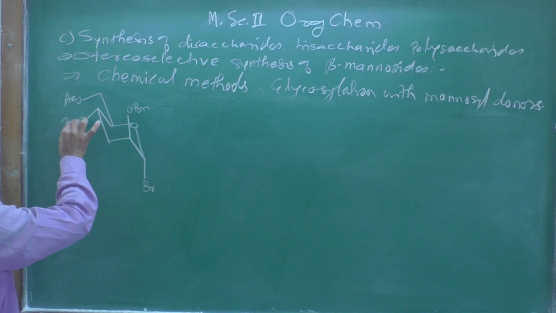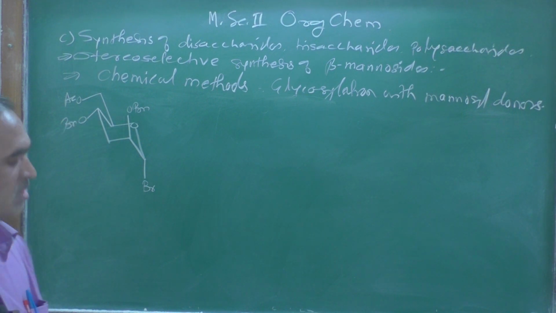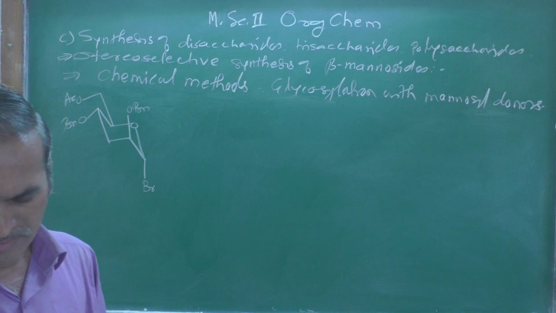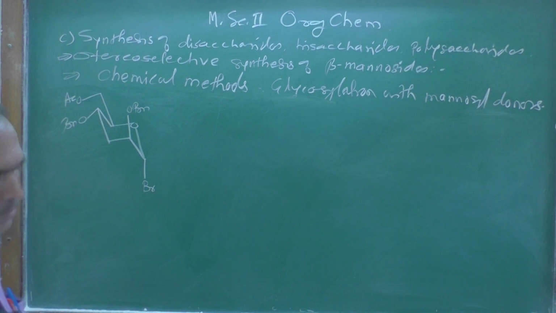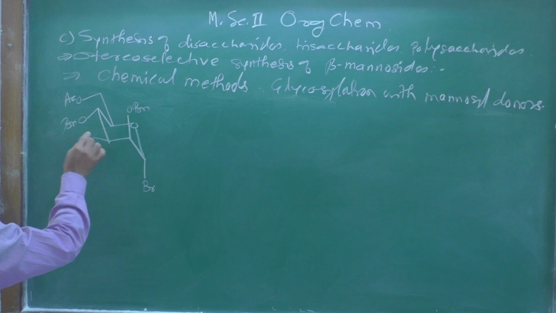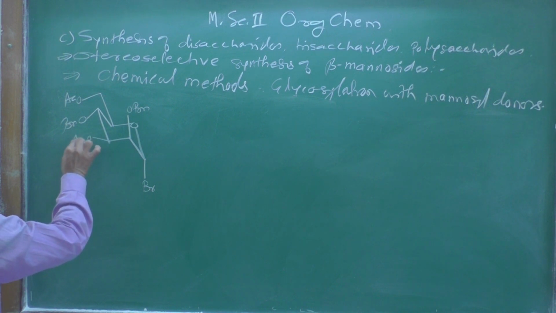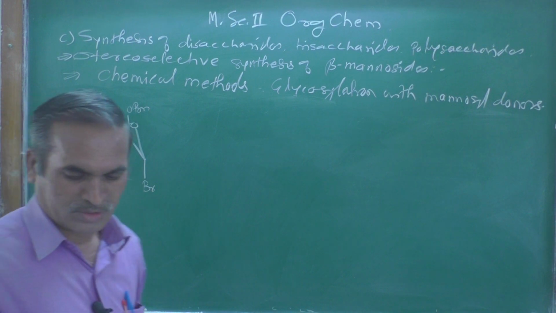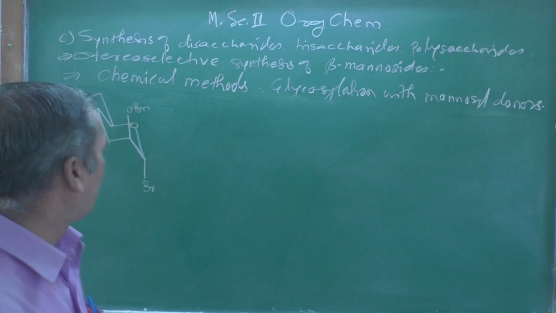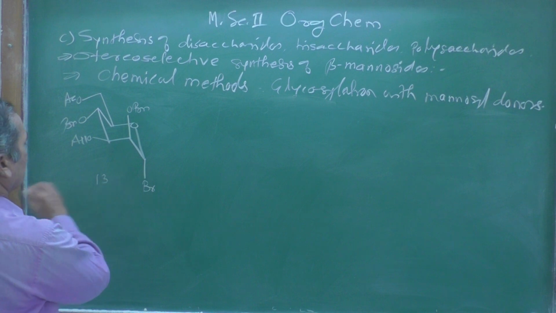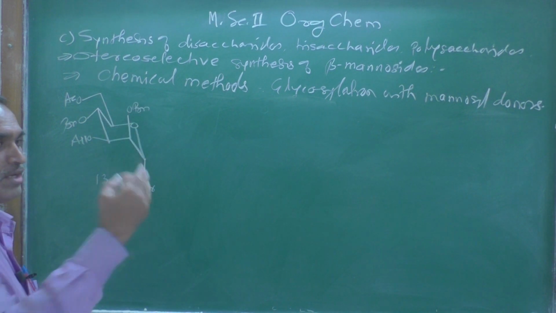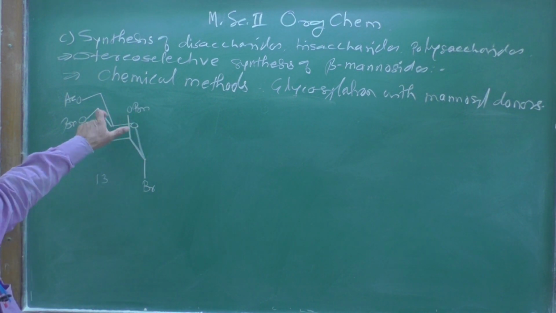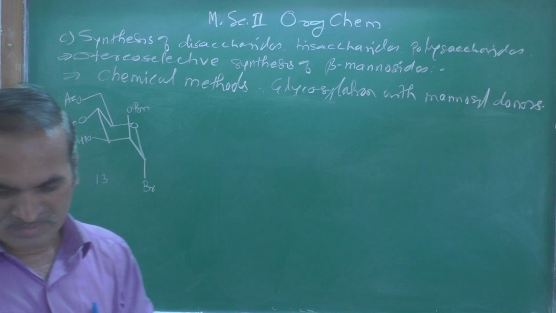This is a hydroxyl protected with a benzyl group, as shown in the diagram, and this structure is structure number 13. It is the glycosidic bromide.